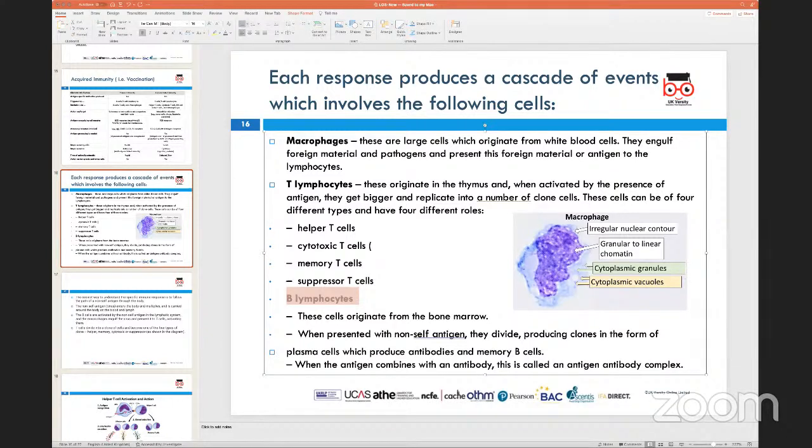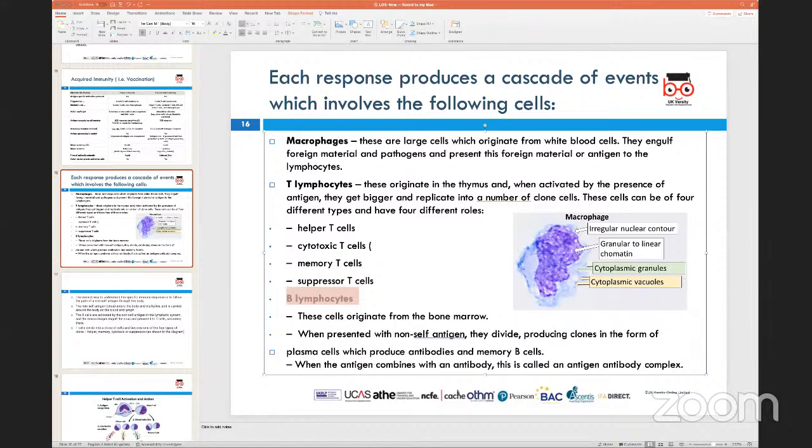The biological term is B lymphocytes, but they are basically B cells, and they create a certain type of protein which produces the antibody in response to the defense when your body is exposed to a particular pathogen or a foreign substance.